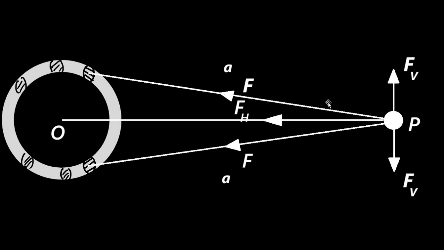Now these two forces will have their vertical components and horizontal components. The vertical components of these two forces are in vertically opposite directions, one towards the top, the other towards the bottom, whereas the horizontal components act along the same direction, that is towards the center. So the vertical components, being equal in magnitude but opposite in direction, cancel out each other, whereas the horizontal components get added together.